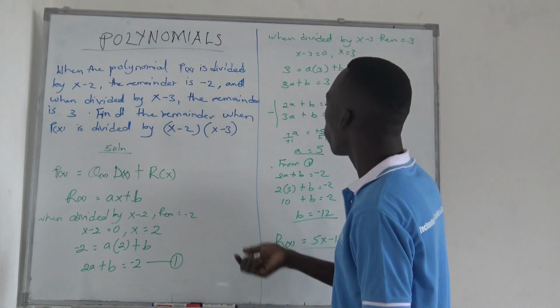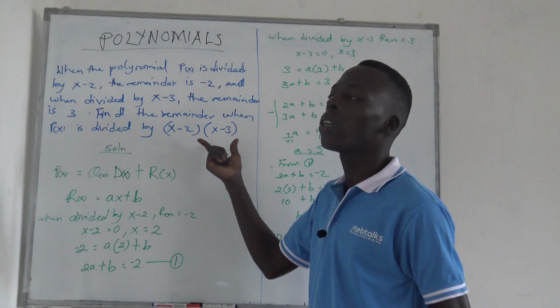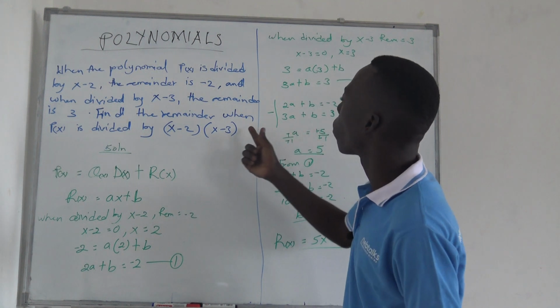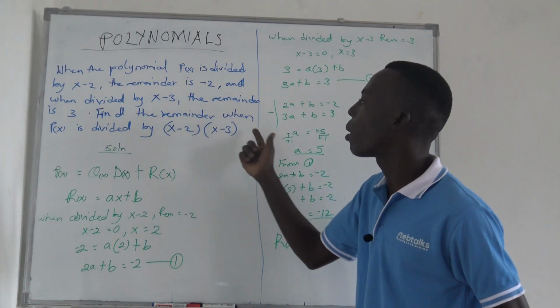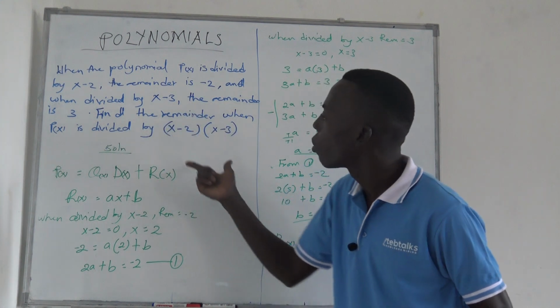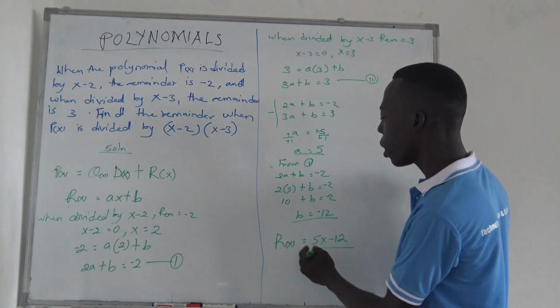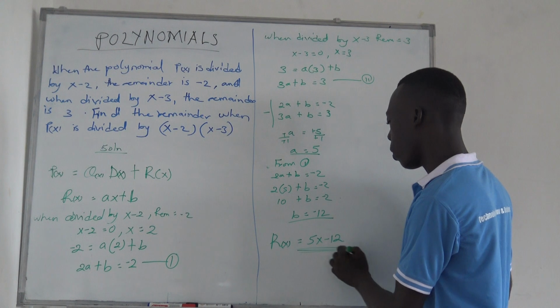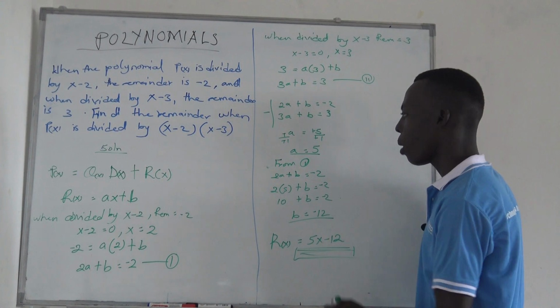So that means the answer which you have got is the answer after dividing by the product of the two. So this will be our remainder which we have to get.